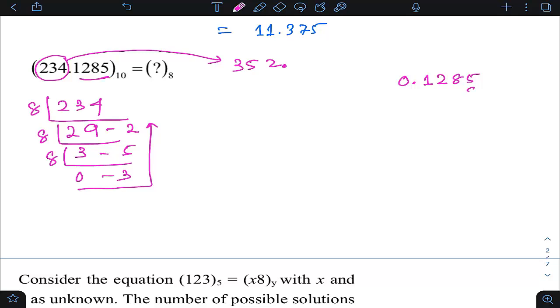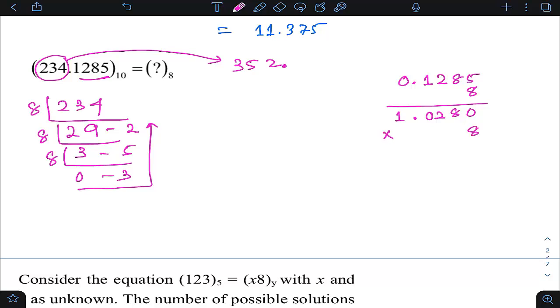Here you continuously have to multiply by 8. But here is one point I will tell you, so listen first. First you multiply this number by 8. If you take a calculator, you will get 1.0280.